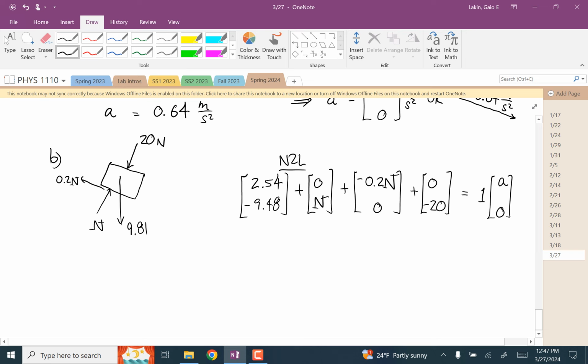We'll first use the y equation to figure out that pushing force between the incline and the block. So negative 9.48 plus N minus 20 is equal to 0. So N is equal to 29.48.